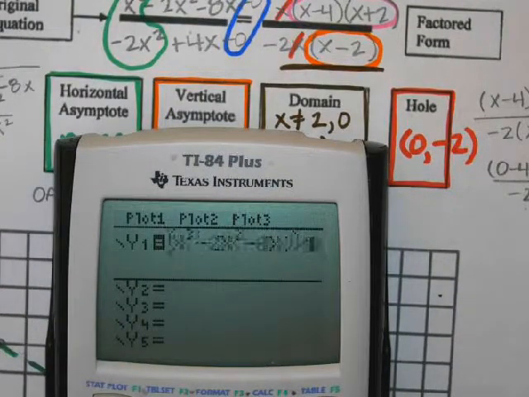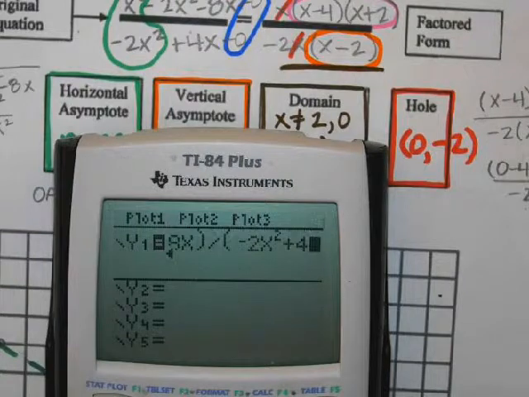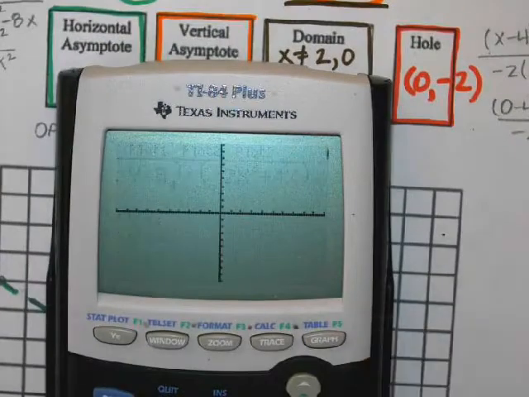And then I'm going to hit divide by, and I'm going to do parentheses again. So negative 2x squared plus 4x. I made sure that I have parentheses around all of that. All right, we good with typing it in? So we hit graph.